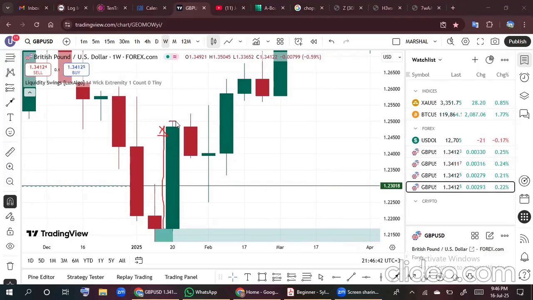The wick forms when the sellers try to push the market down and the market closed here. It was a bearish candle that opened; the buyers tried to take the market up, and then the sellers took it down. It just shows you the activities of buying and selling in the market.